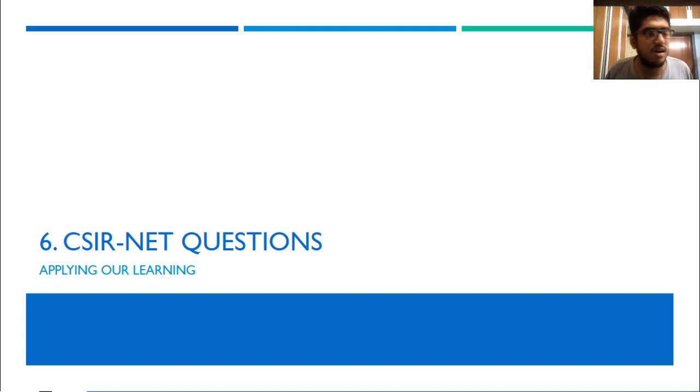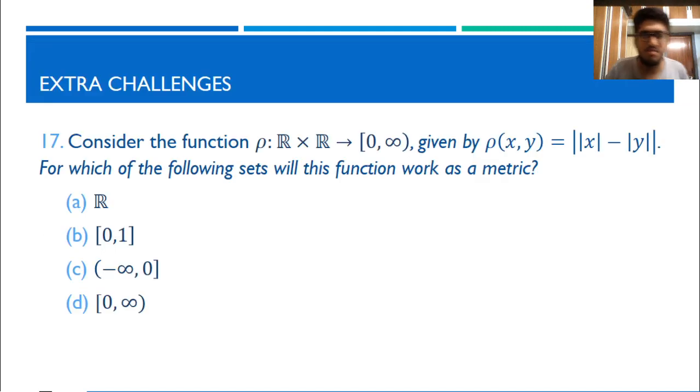There was an interesting question by Vivek: will this work as a metric for R? What about 1, minus 1? That's true. That's a really interesting thing. I didn't think about it that way. What about rho of 1, minus 1?